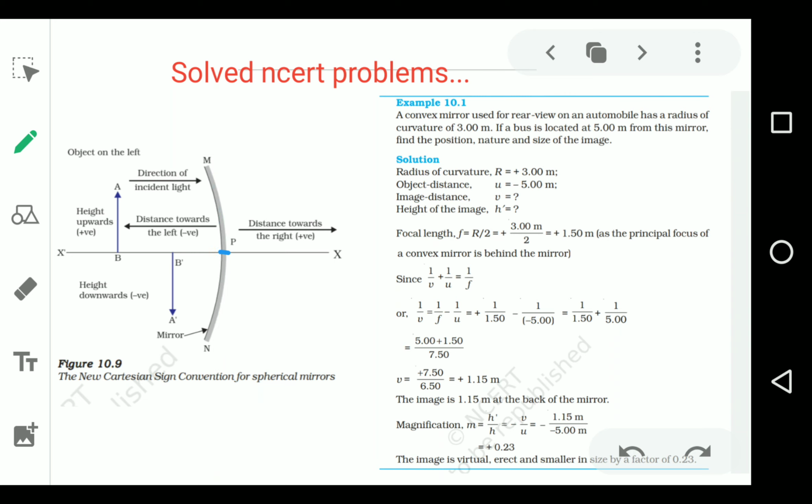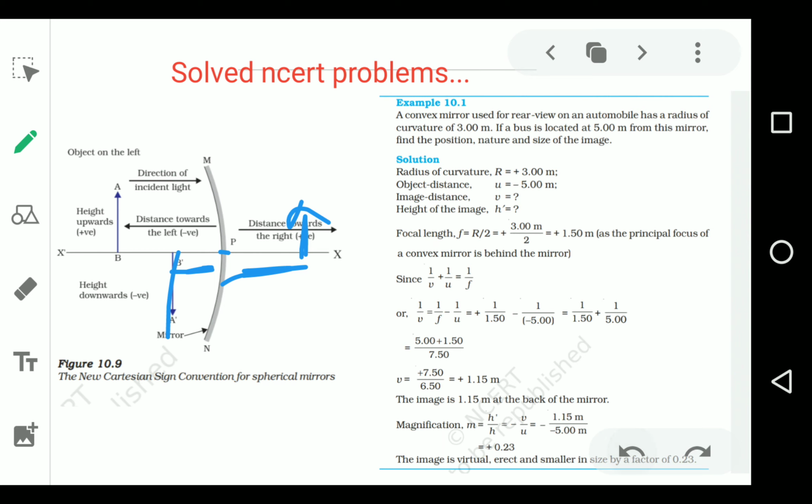If the object is placed on the negative axis of the Cartesian plane, then the object distance, from P to B, is taken as negative. If the image is formed on the negative axis, then the image distance is also taken as negative. But if the image is formed on the positive axis, as in the case of the convex mirror, the image distance is taken as positive.